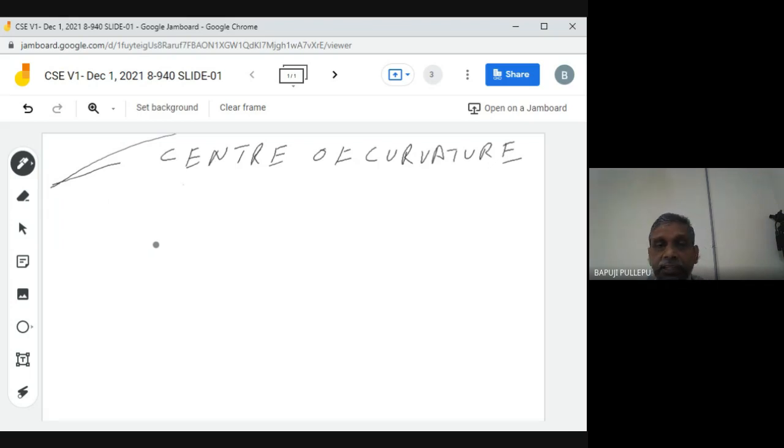They will ask to find the center of curvature, and the circle of curvature is different. We go slowly. First, the center of curvature. What is the center of curvature?